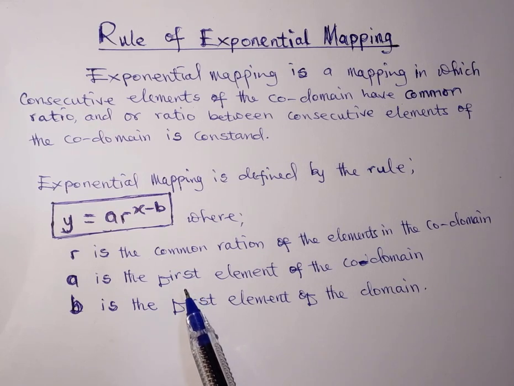Alright. But before that, let's look at what is meant by exponential mapping. We are saying that exponential mapping is a mapping in which consecutive elements of the codomain have a common ratio.